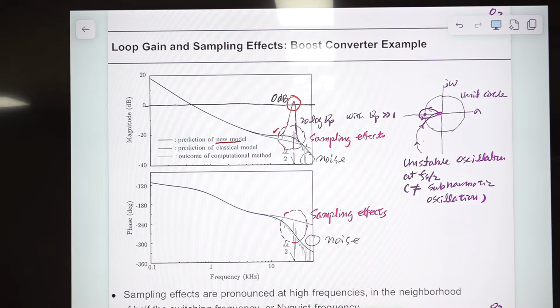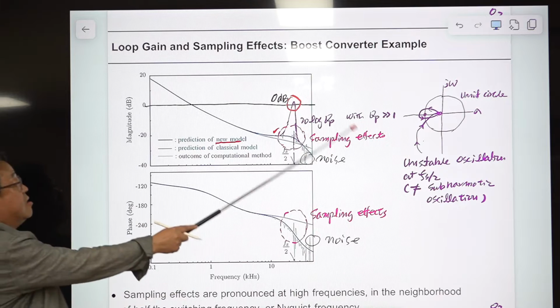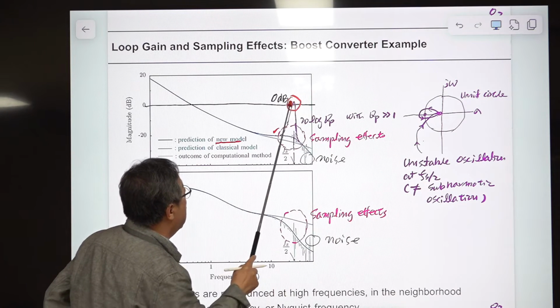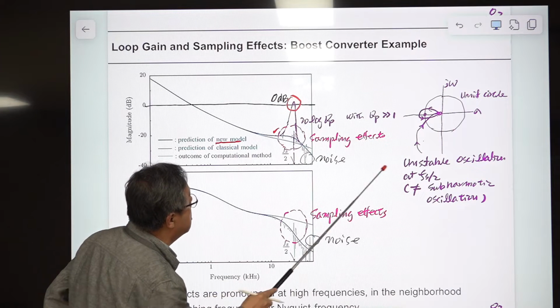I said the Nyquist analysis is the most theoretically sound and very accurate criterion to determine the stability of any system. So this predicts unstable oscillation at this frequency. Everything occurs at half the switching frequency.